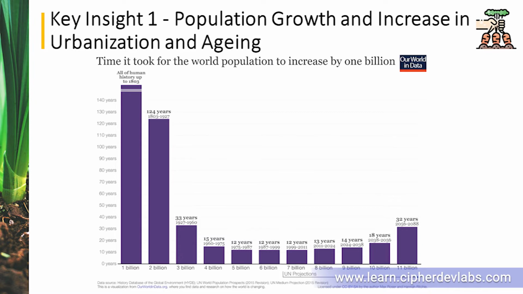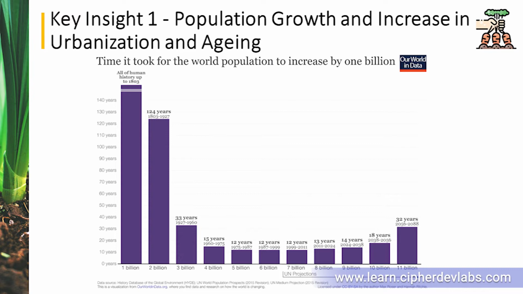And it took 124 years from 1803 to 1927 to reach a population of 2 billion people. And after that, it took just 33 years from 1927 to 1960 to reach 3 billion. And from 1960 onwards, human population has been increasing by 1 billion people every less than 15 years.